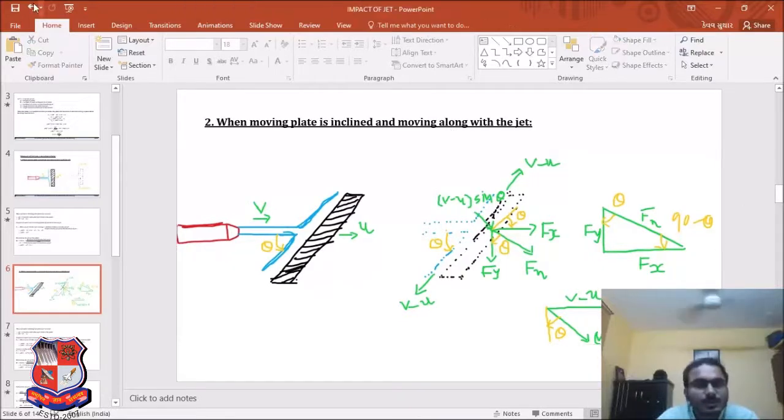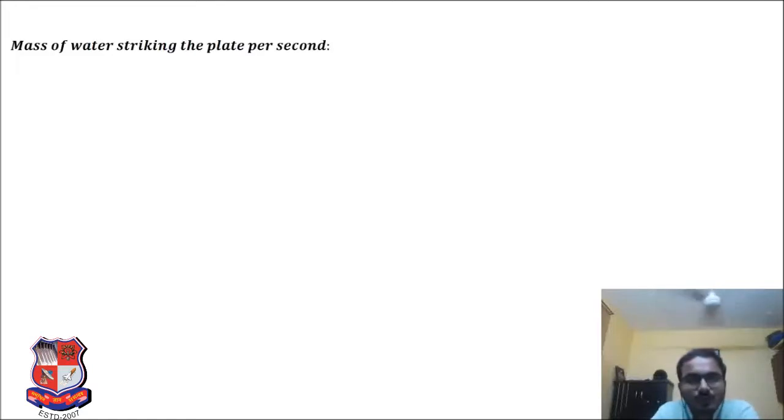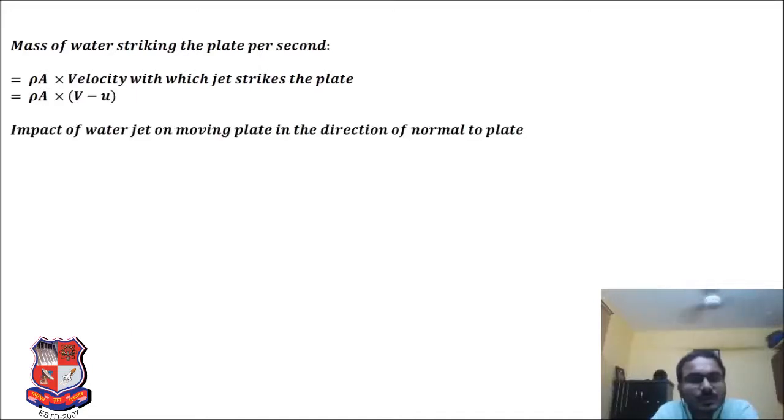Okay, so this is the figure for that. And now the mass of water striking the plate per second is rho a times the velocity, so it is rho a v minus u.